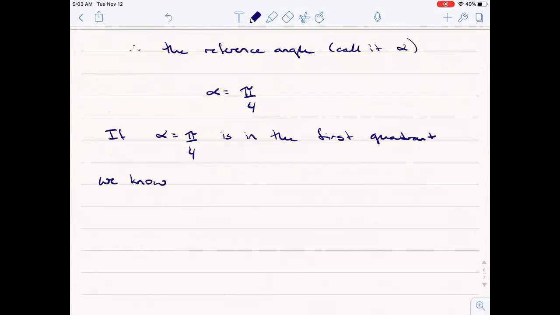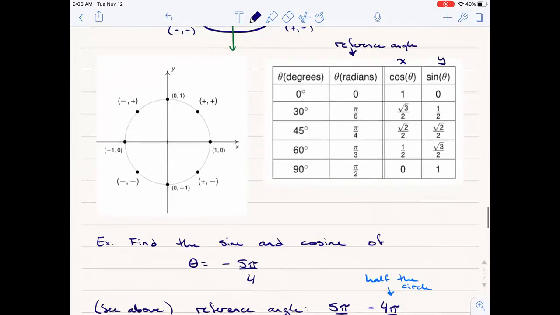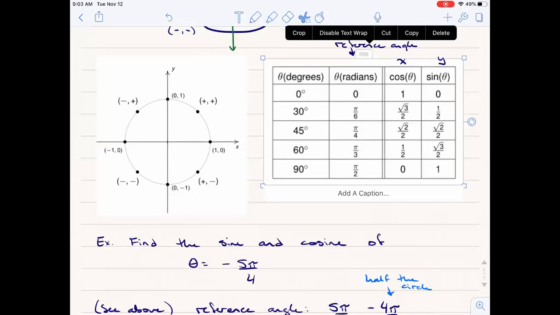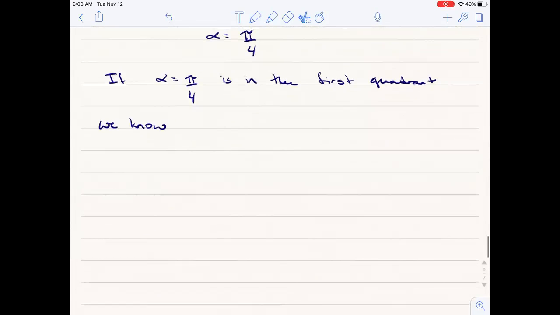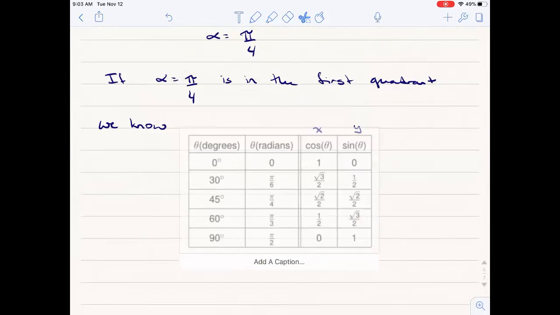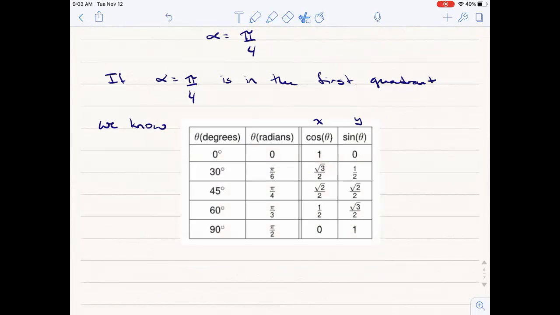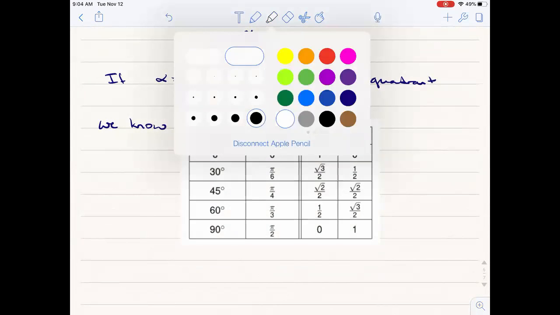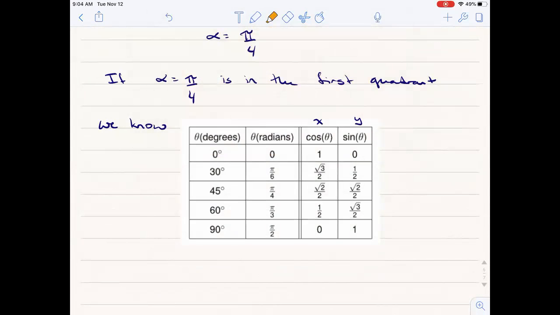we know from the table, and I'll just copy it here, that we want to look at the pi over 4 section.